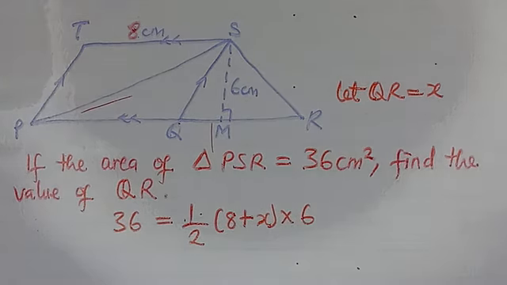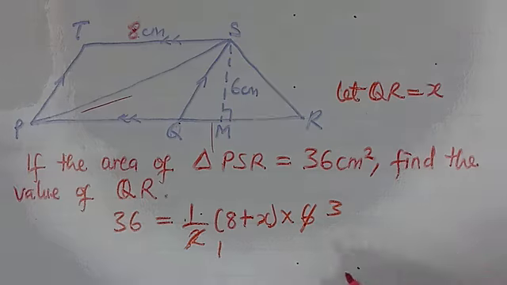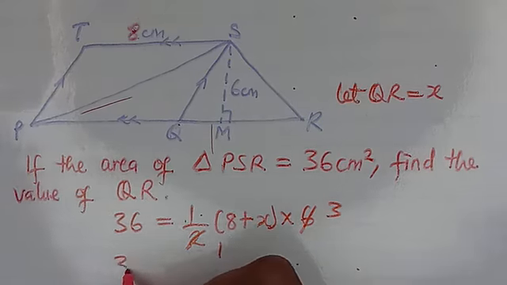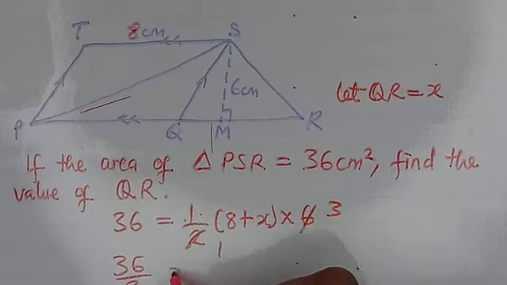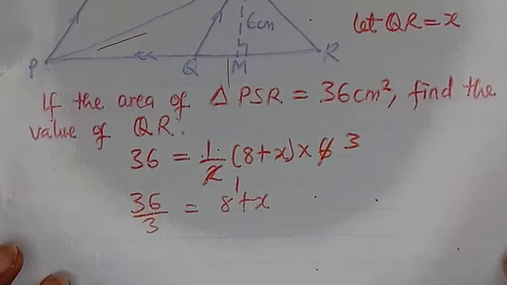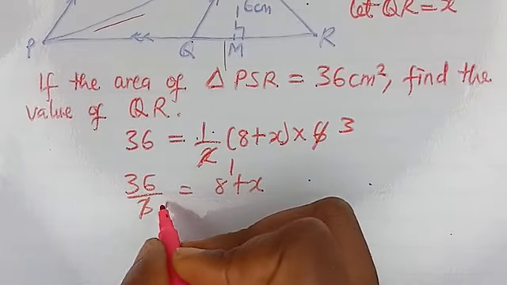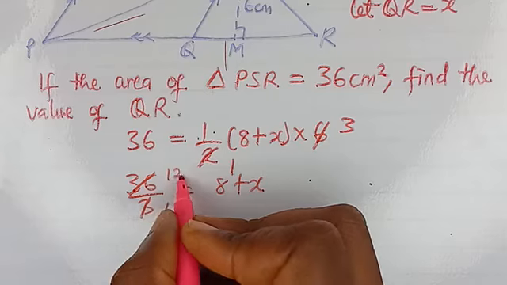So we can see it's already solved. 2 into itself is 1, 2 into this is 3. We are going to divide both sides by 3. So we have that 36 over 3 is equal to 8 plus X. 3 into 36 is 12.